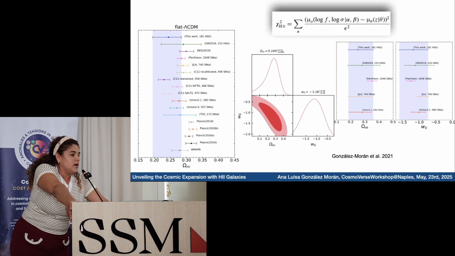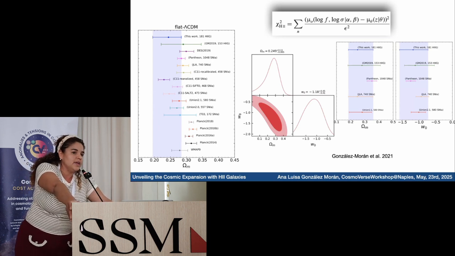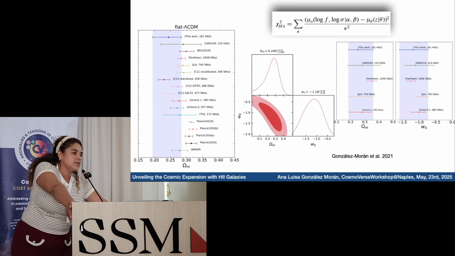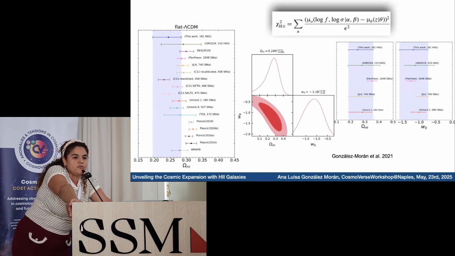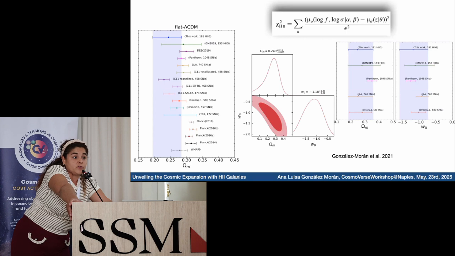And so when we just constrain the matter density parameter, the results that we obtain are shown in blue in that plot. If we compare with another distance estimator, for example supernovae, our results are in agreement within 1 sigma, but here I have to comment that our uncertainties are larger, maybe because we are using a sample of fewer than 200 H2 galaxies, when most of these H2 galaxies have a low redshift.